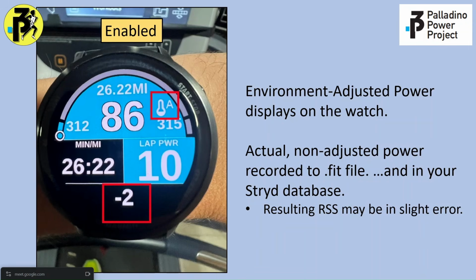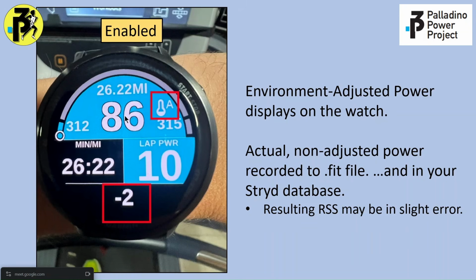All right. And so it's important to know that what's displayed is the environmental adjusted power, but what's recorded to the fit file is the actual power. So in this case, this is in more favorable conditions than the baseline.